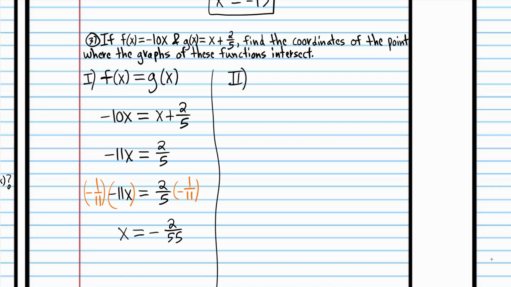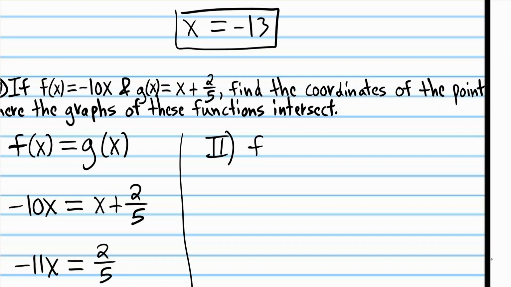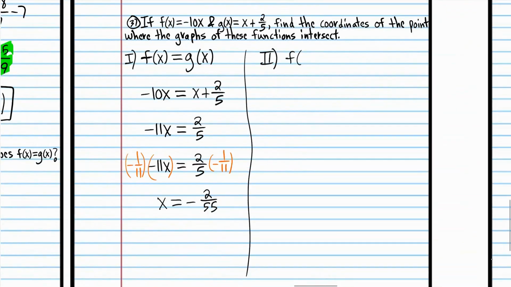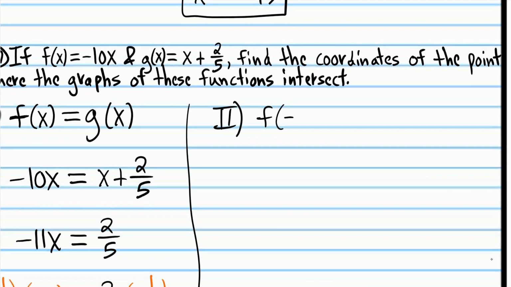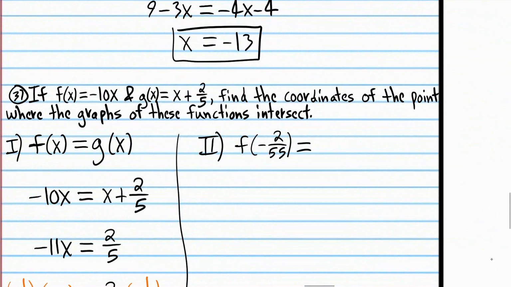So we're now going to plug in the x value that we got in the first part of the problem into one of the functions. Now I keep plugging into f, but you can plug it into g. It doesn't really make any difference. So I'm going to plug that in. Looks like it's going to be easier to plug it in to f.